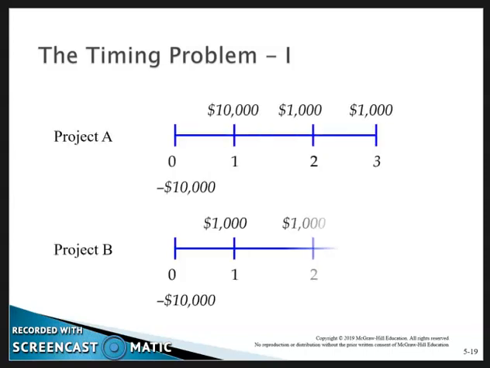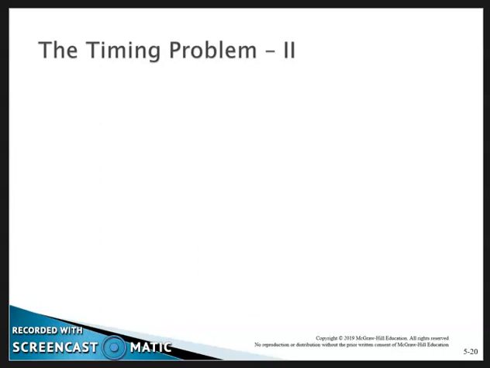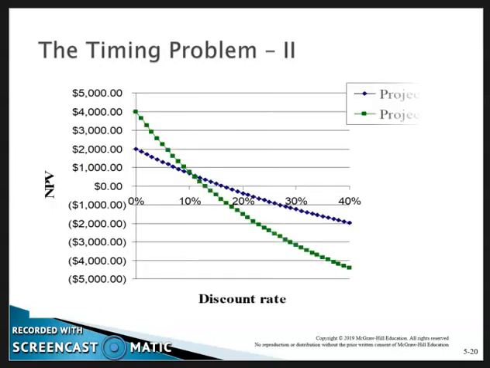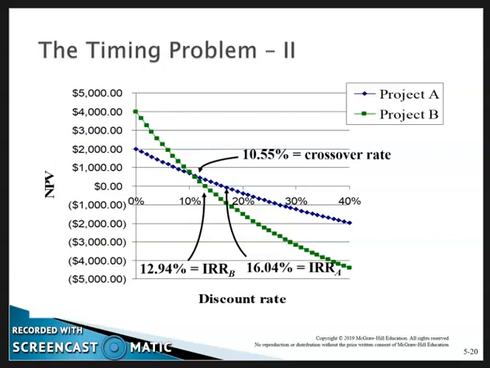Timing problem. So we've got projects A and B here. Project A's cash flows are front-end loaded. You see the $10,000 up front here, and then project B's cash flows are backloaded. What that means is we have a crossover rate.